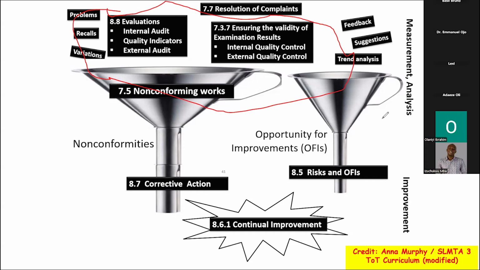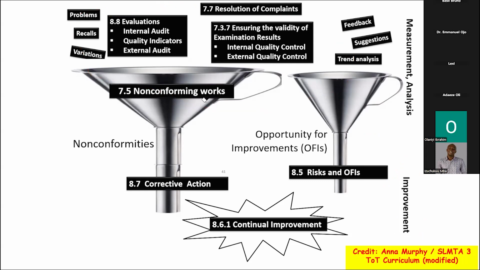And then from this side, what we are trying to achieve here will be improvement. So when all of these are done, corrective actions are taken, or we implement opportunity for improvement, what we are expected to have, of course, will be that the lab is actually improving.